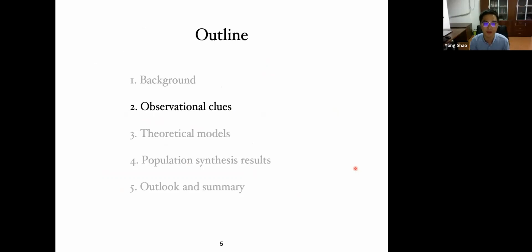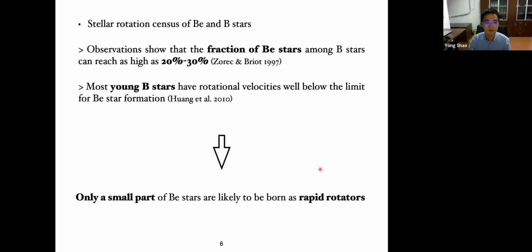And next, I will talk about the observational clues on Be star formation. From observation, the fraction of Be stars among B stars can reach as high as 20% to 30%. So some authors proposed that Be stars may be born as rapid rotators.